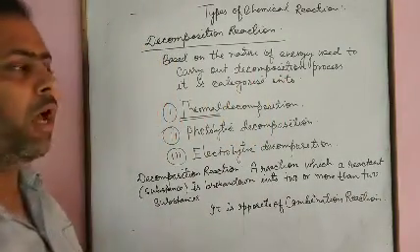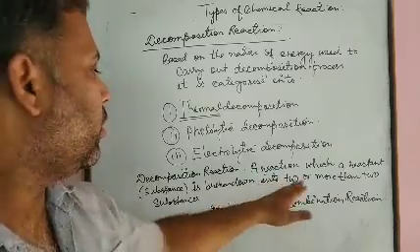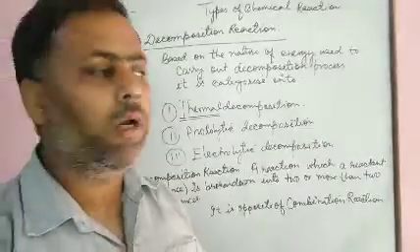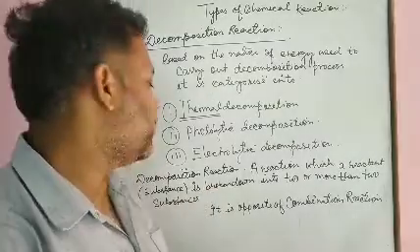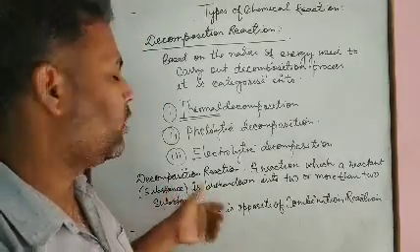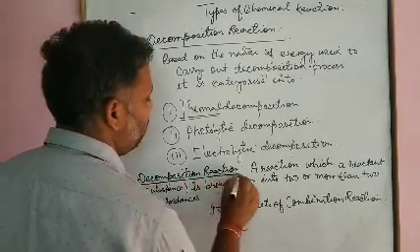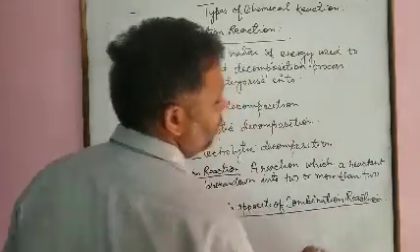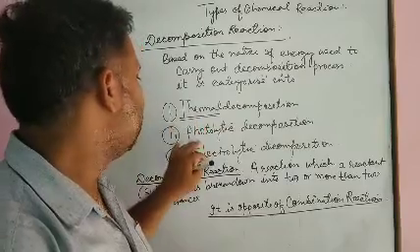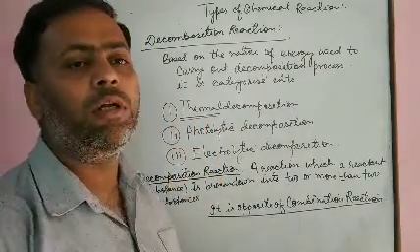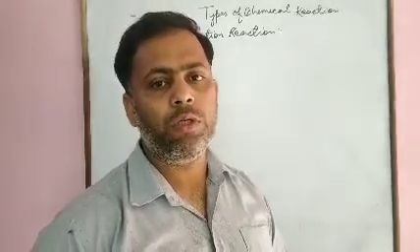It means what we have discussed: decomposition reaction means a reaction in which a reactant is broken down into two or more than two simpler substances, then it is termed as decomposition reaction. It is the opposite of combination reaction. Let us discuss the thermal decomposition, the photolytic decomposition and electrolytic decomposition one by one. Let us discuss thermal decomposition reaction.